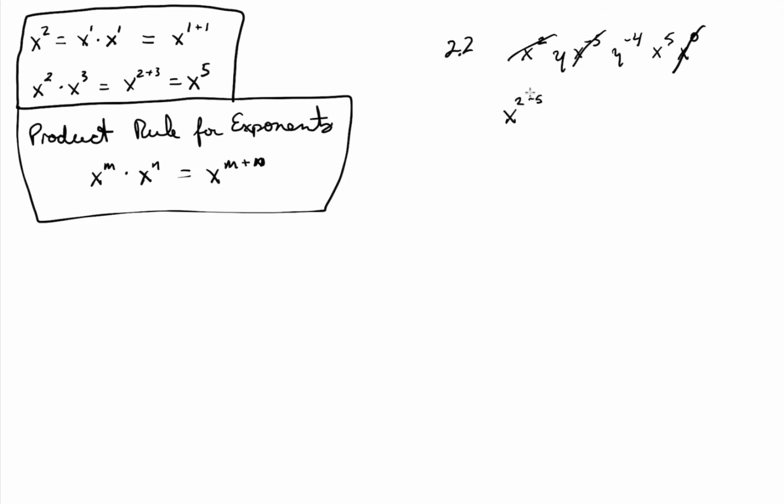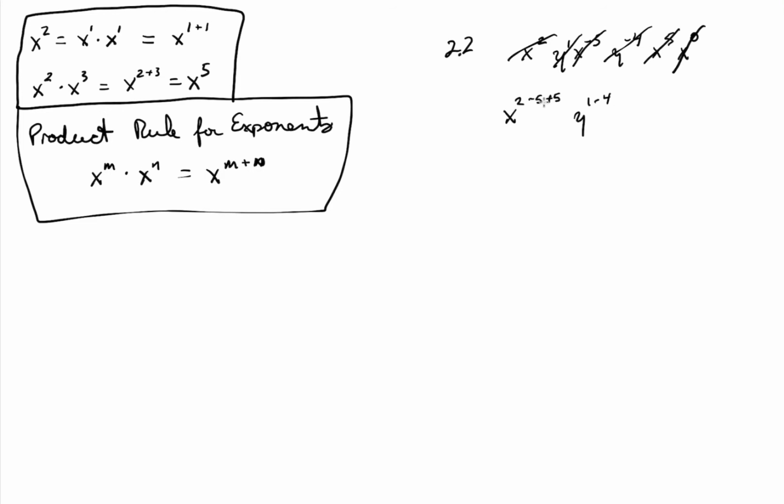You keep the sign with the exponent, and x to the 5th, right? Now we have a y, and that's a y to the 1. And then we have a negative 4. So that would be y to the 1 minus 4. That's both of those. So now we just have to do the math.